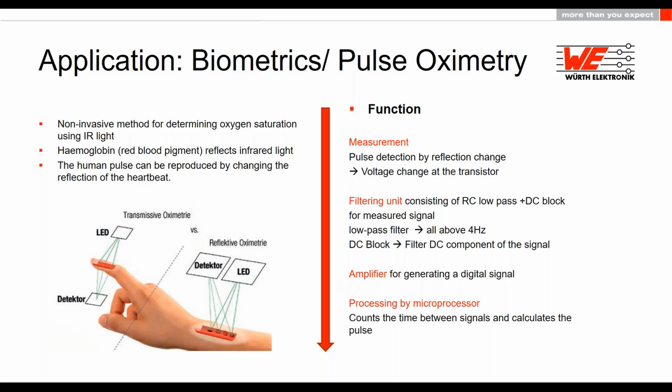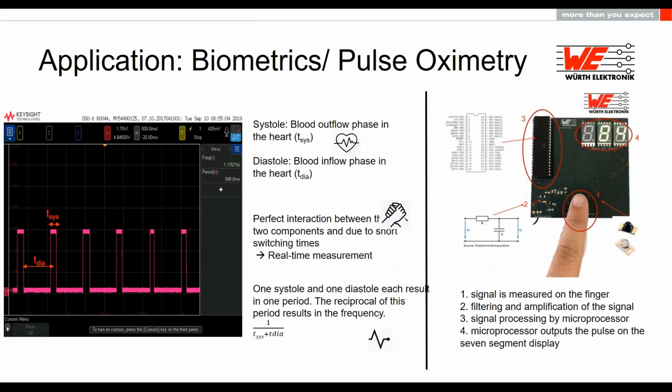To do this, we just put our emitter and detector, and then we built a low pass and high pass filter, and an amplifier and connected them with a microprocessor so we can get the results. And as you can see here, we have a very nice diagram of the systolic and the diastolic blood flow, or the inflow and outflow of the blood.